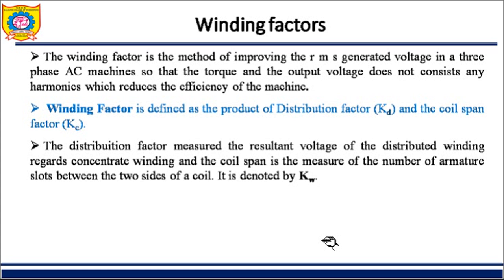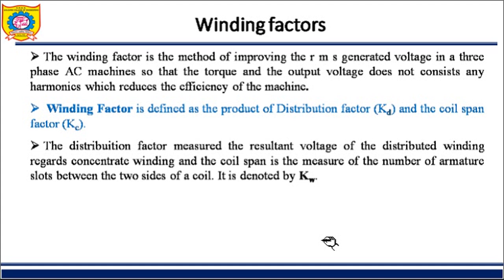Distribution factor measures the resultant voltage of distributed winding as regards concentrated winding, and coil span factor is the measure of the number of armature slots between the two sides of the coil. So the first slot carries one coil side. After leaving a few slots, another coil side goes in. Under the influence of the N pole the first comes, and the second comes under the influence of the S pole.